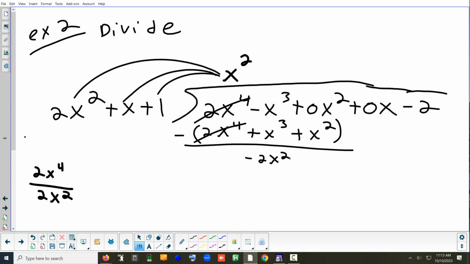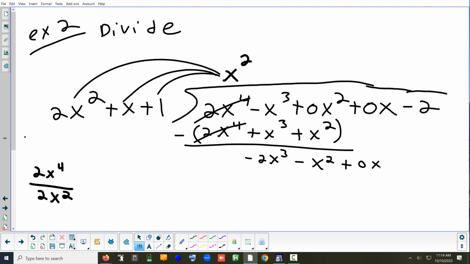Okay, and Veronica, what's 0x squared minus x squared? Negative x squared, and bring down your next term. Just a 0, just there as a placeholder. That's all it really is.